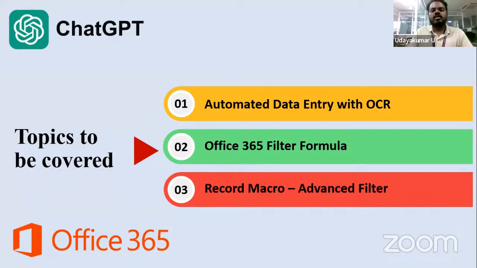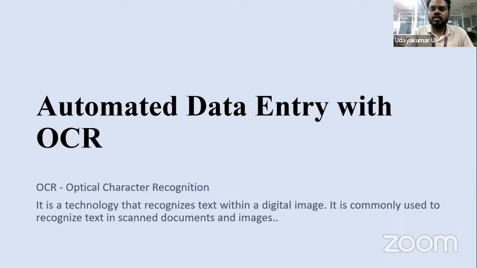Good. So we are going to use an important tool to convert that image data into an Excel format. How are we going to perform that? We can see it step by step. First, we look at what is automated data entry. We have data in image format, and we need to convert it into an Excel format with the help of OCR.